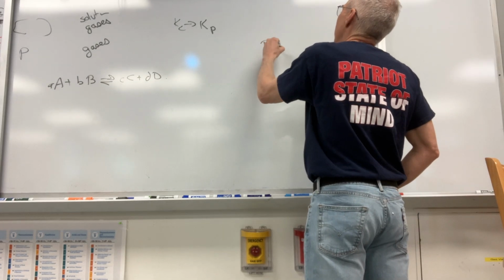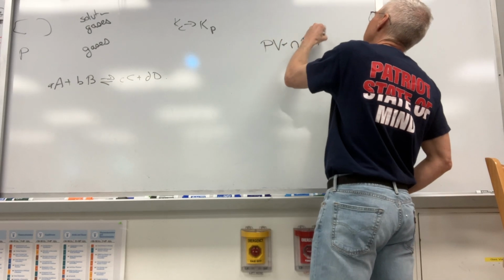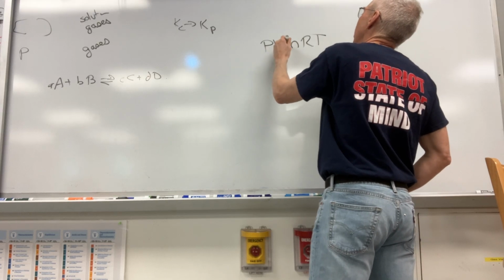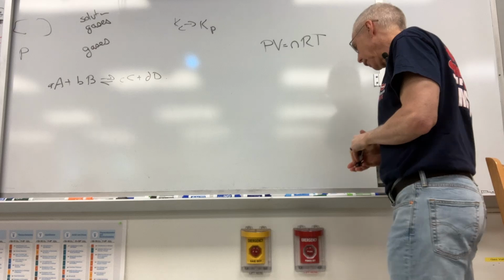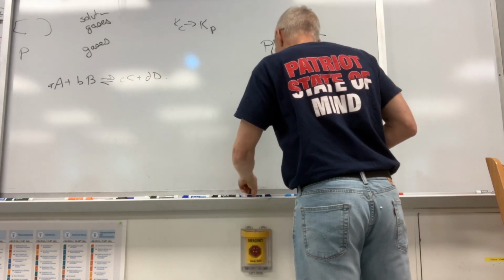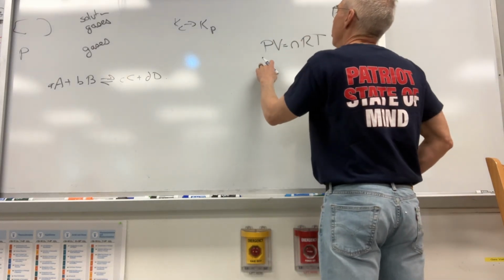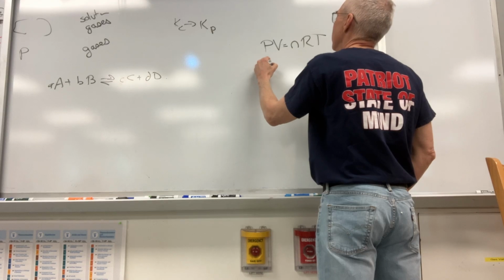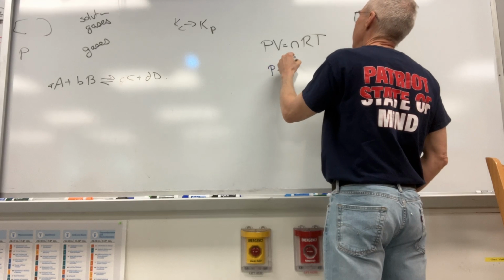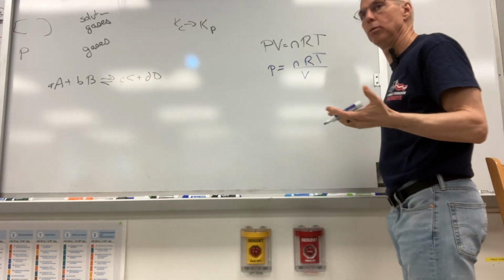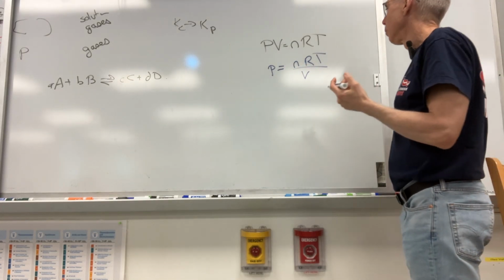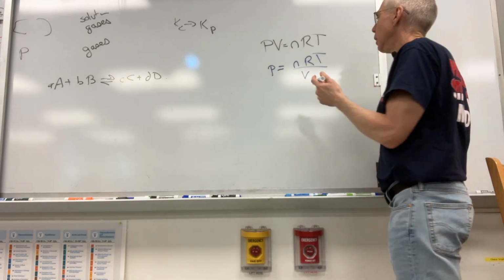So, remember PV = nRT? Everybody good with that? All right. Now, we're going to play a little math. The pressure is equal to nRT over V. True? Okay, here's the next piece.